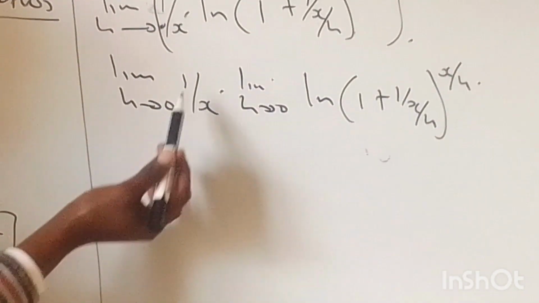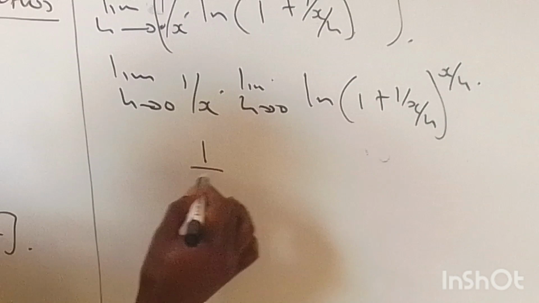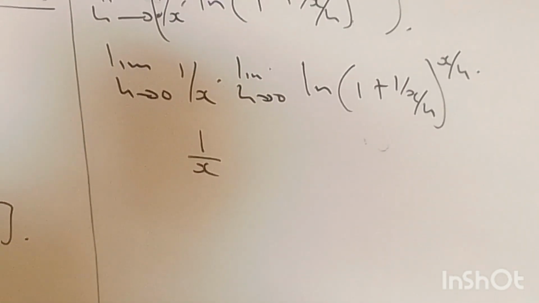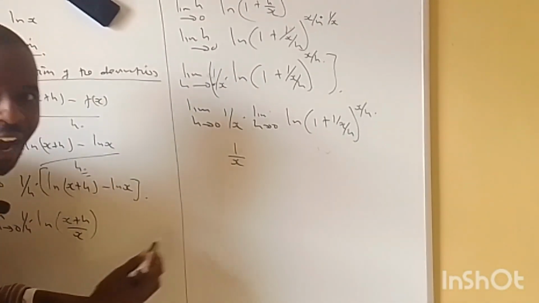You can see here that 1 over x doesn't have that h in it, so we're going to have 1 over x. You can see it has started coming. Beautiful. Math is very beautiful, you guys. So that is 1 over x.